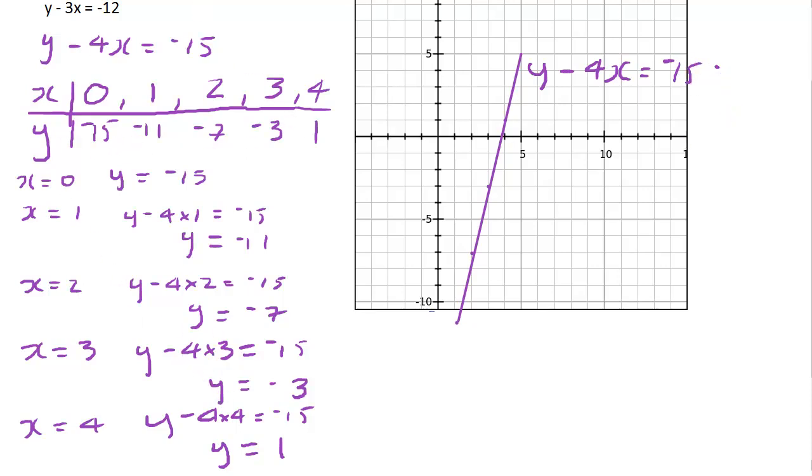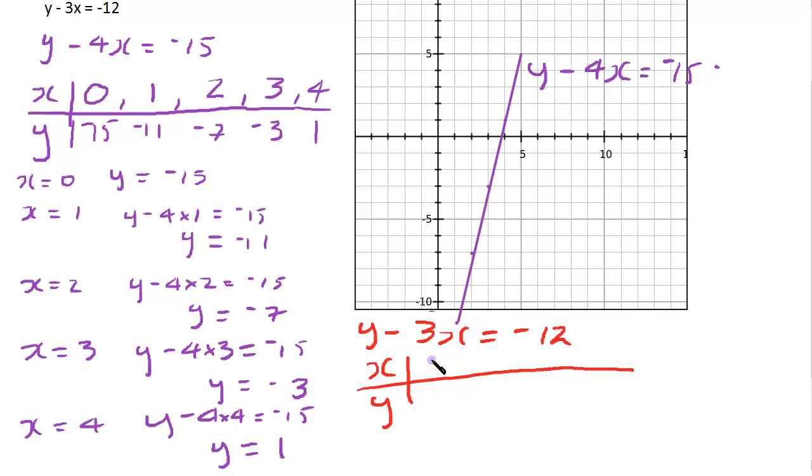Now I'm going to do the other line. The other line is y minus 3x equals minus 12. And I'm going to do another table of values, x and y. X, let's try 0, 1, 2, 3, and 4 again.